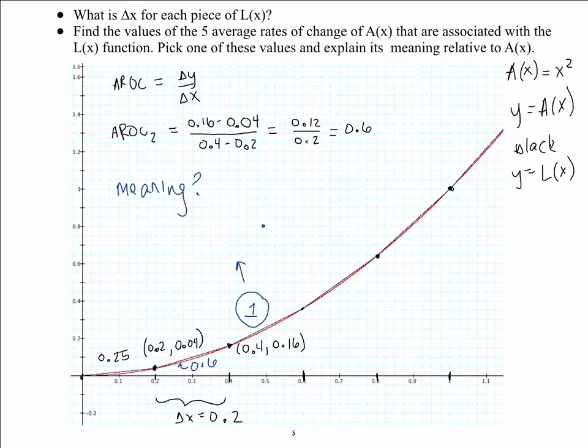Right, let's see, Philip? Okay, so the average rate of change of the area function over the interval from 0.4 to 0.6. What is average? That phrase, average rate of change, is a loaded phrase. What does that mean, Erin?